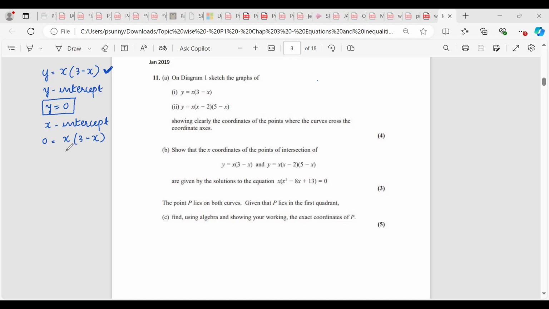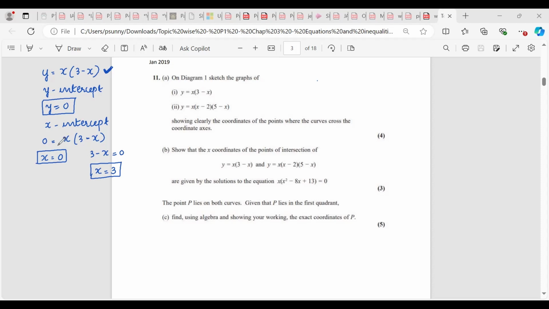Now, you can separately equate both of these to 0. So x equals 0 and 3 minus x equals 0. When we take minus x to the other side, it becomes positive x, so x equals 3. So your x-intercepts are x equals 0 and x equals 3.